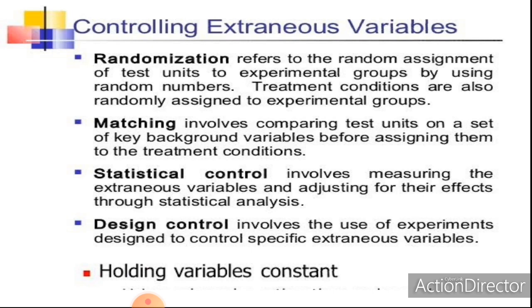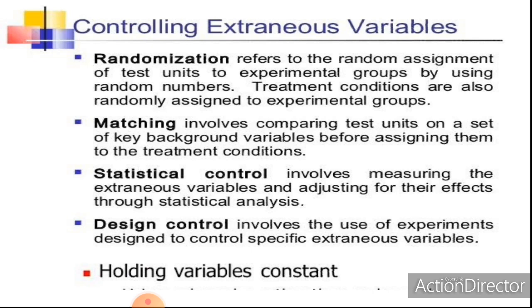Next and last way to control extraneous variables is simply to hold the extraneous variable constant, which means researchers should not change the variable when research is conducted. If these variables do not vary over the period of the experiment, they cannot cause uncontrolled variation in the dependent variable. So, to control the effect of extraneous variables, the researcher tries to keep the extraneous variable constant.